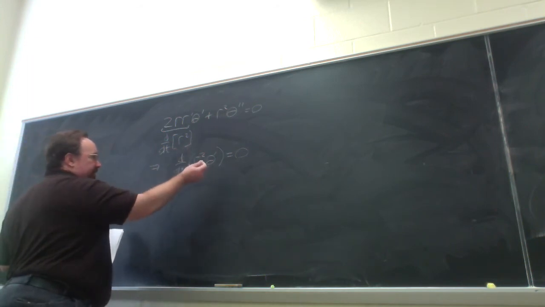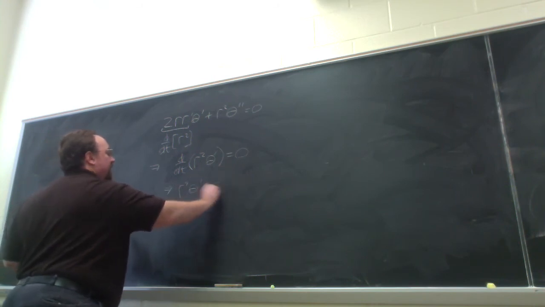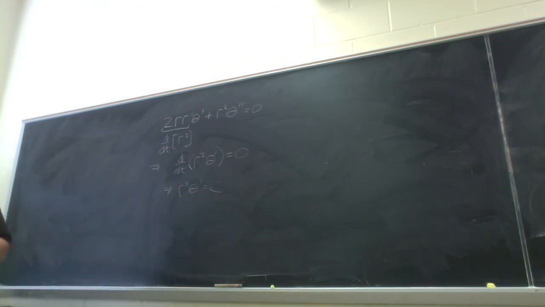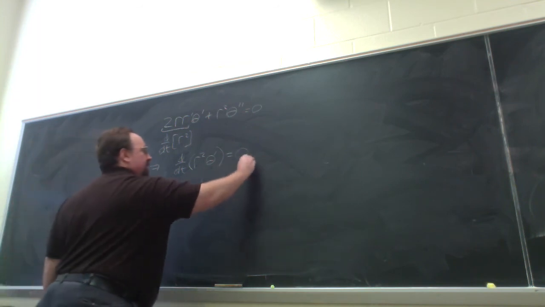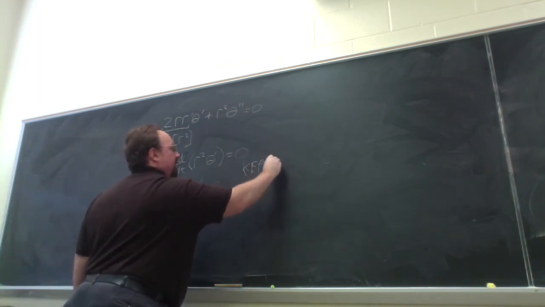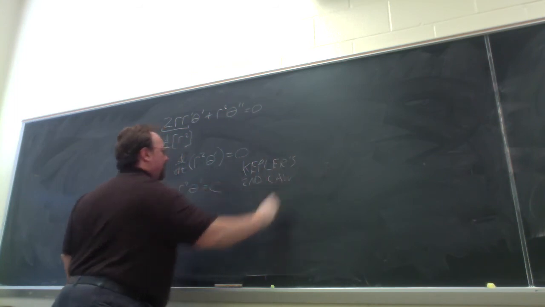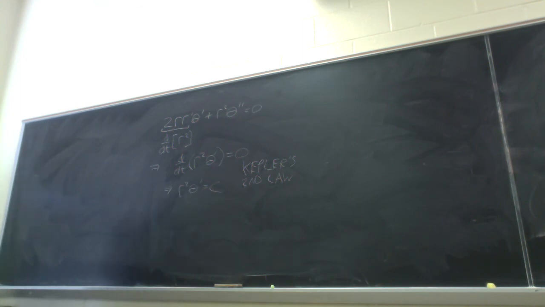So now you integrate both sides of this, and you get r squared theta prime is a constant. And this is Kepler's second law. Now, mathematically, you're like, well, what does that really mean? It doesn't help us very much. But it turns out by working with this a little bit, we can get a useful interpretation.